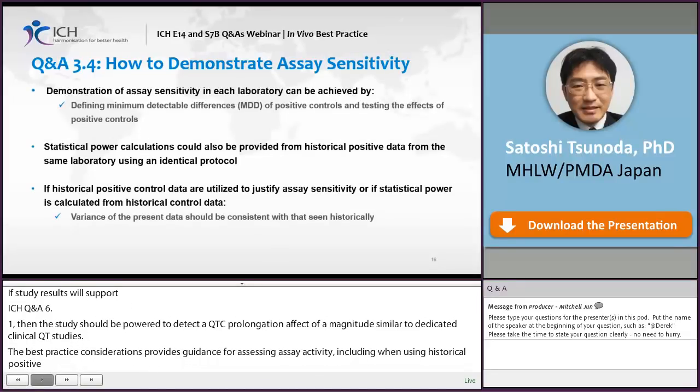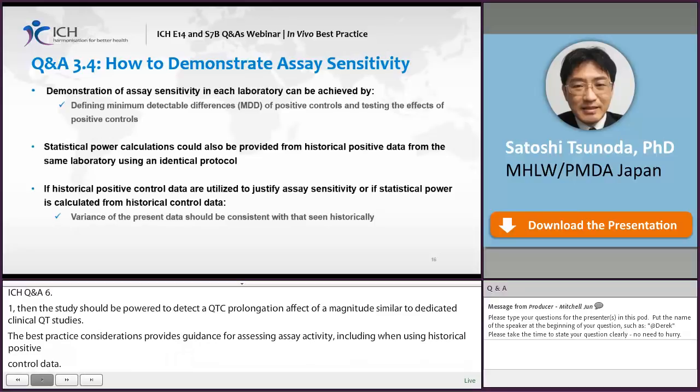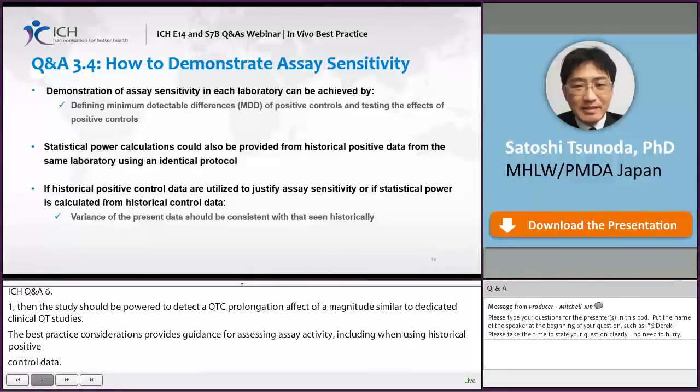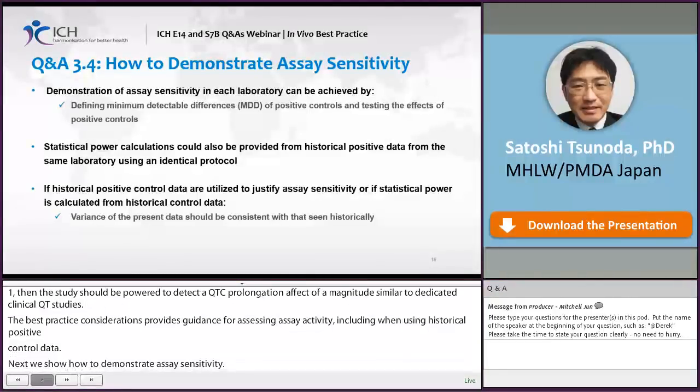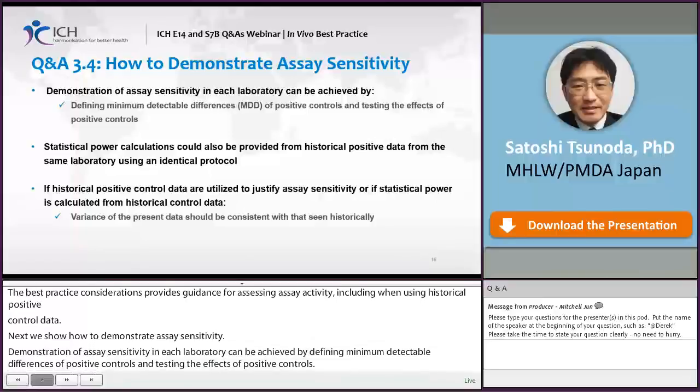Demonstration of assay sensitivity in each laboratory can be achieved by defining the minimum detectable difference of the positive control and testing the effect of positive controls. Statistical power calculation could also be provided from historical positive data from the same laboratory using an identical protocol.